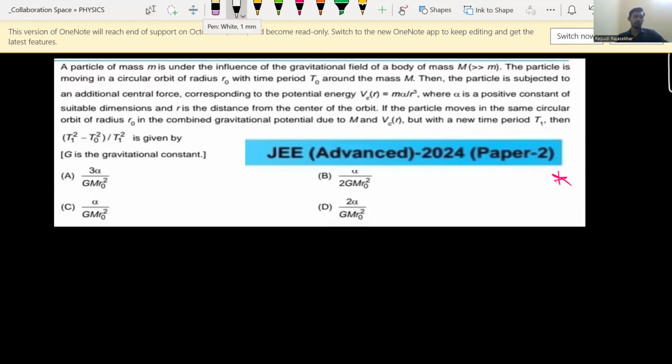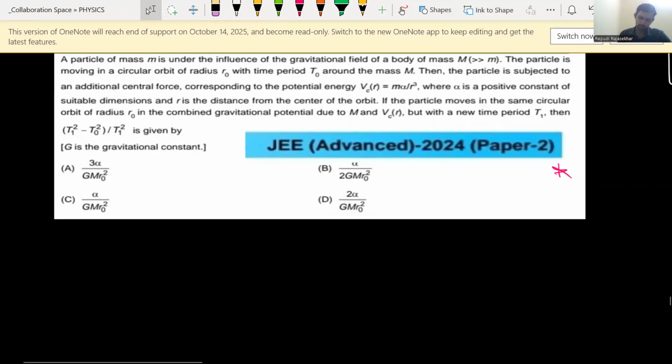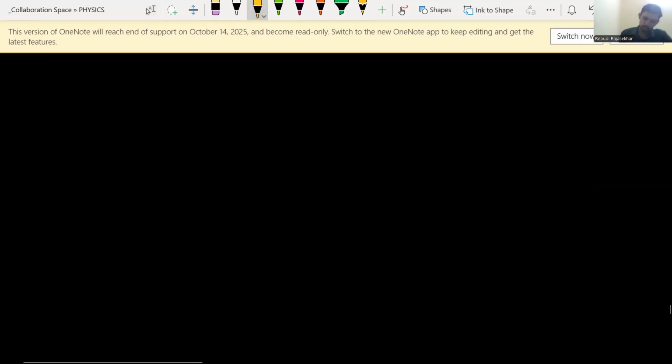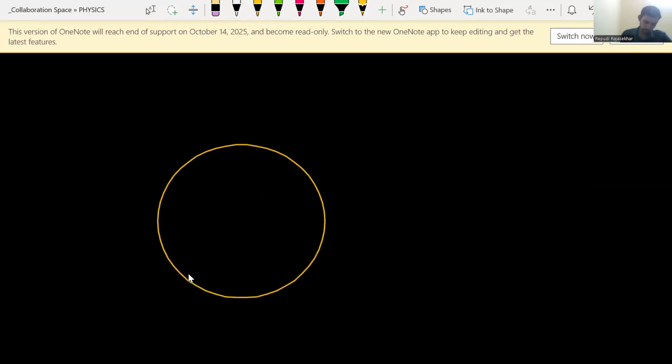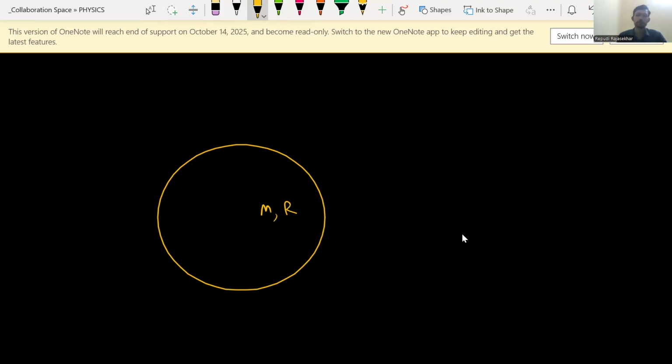Just say this one. Let us consider a particle revolving in a circular orbit. First of all, a planet of mass M, particle mass is m, radius is r naught, time period is T naught. Let us take the corresponding diagram for this. There is a planet of mass given as M, and a radius given as r, and a particle is revolving here.